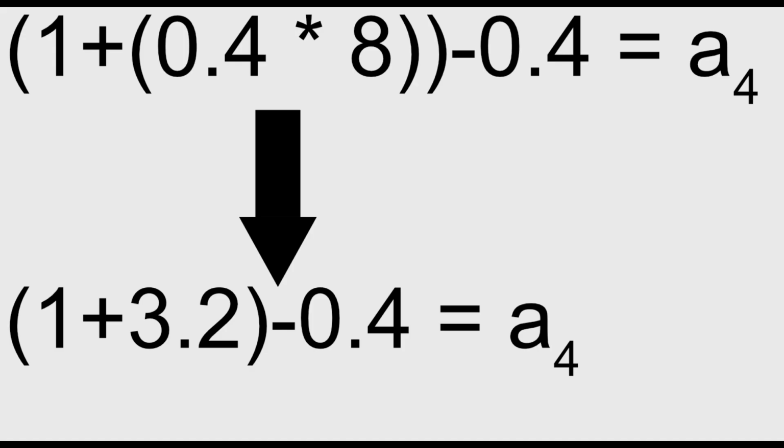Then you multiply that by 0.4, that's 3.2, add your 1, that's 4.2, subtract 0.4, and then you get 3.8.